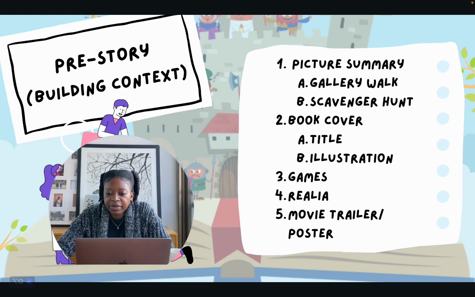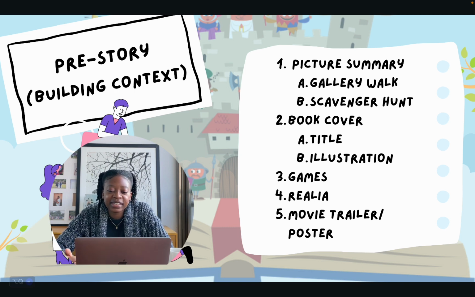So here we are. I've given you tons of ideas, and I've given them to you now in the order of actually the ones that have worked best. Definitely picture summary is at the top because it's just a really clear way to communicate what the story is about. Book covers are also really helpful. Games, I think probably I should put games as number 2 because my students love games.